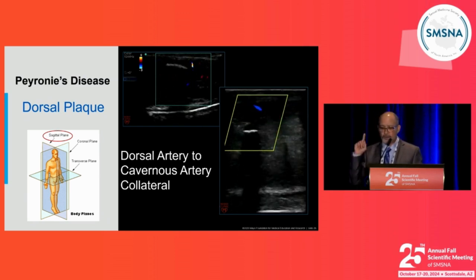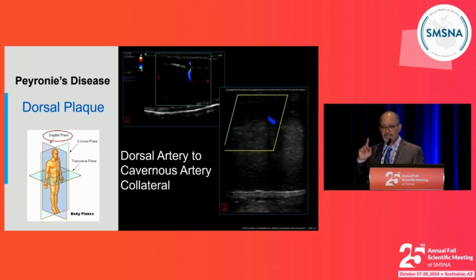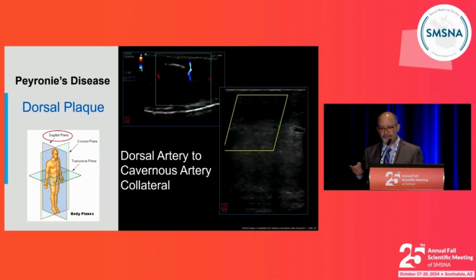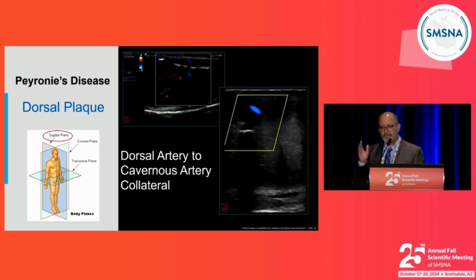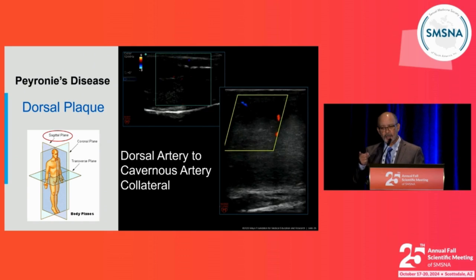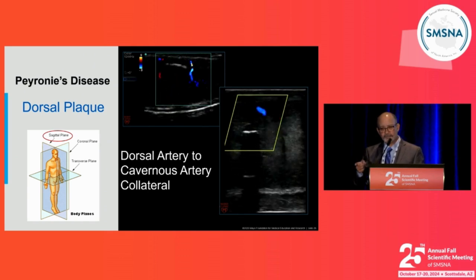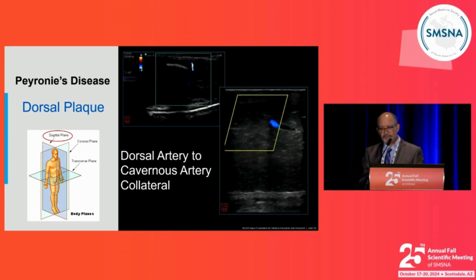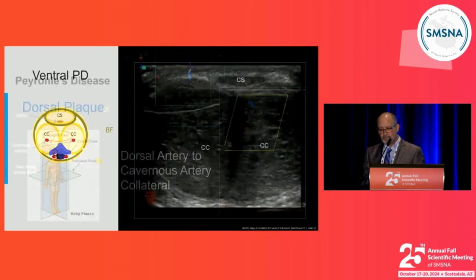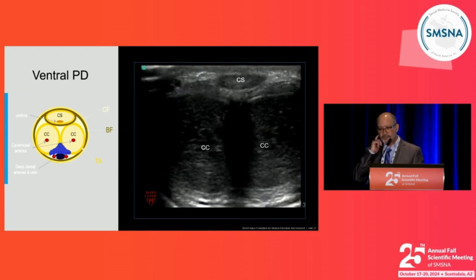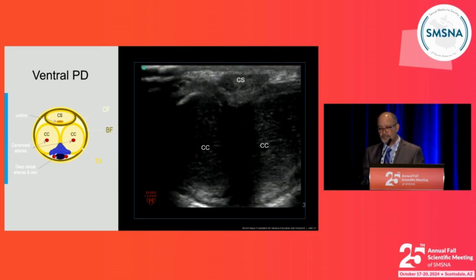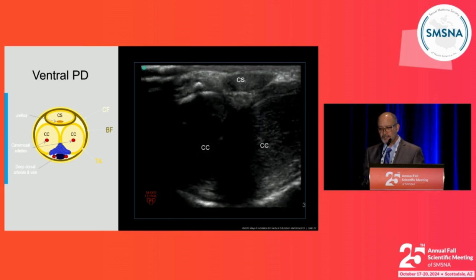So I think looking at our older literature where there's a lot of ED reported after plaque excision or incision and grafting, it has to do with these undiagnosed dorsal collaterals that were sacrificed at the time of neurovascular mobilization. So some of our older literature is fraught with a lot of ED related to our aggressive surgery, and it's because we didn't really have a way of studying those patients.